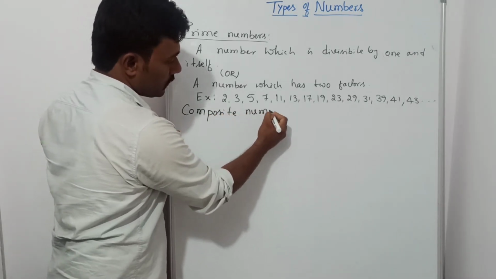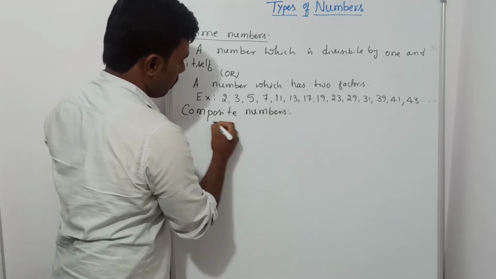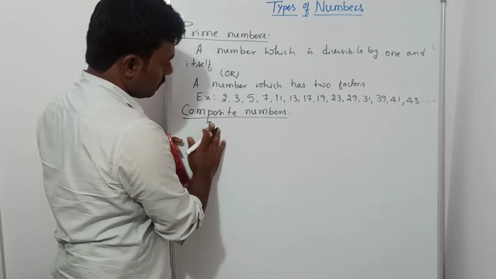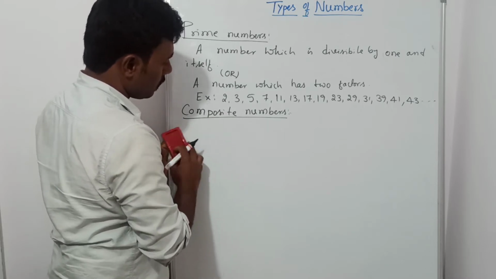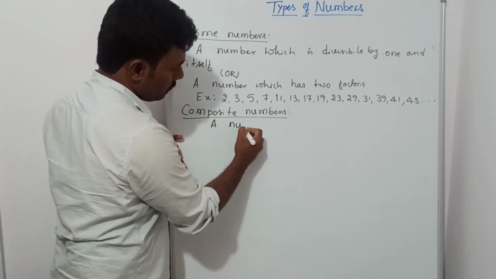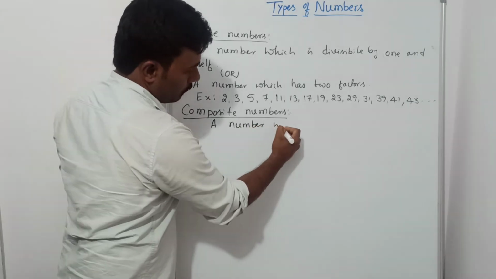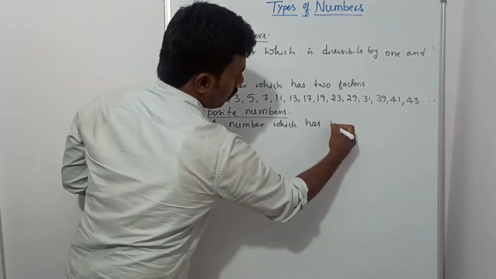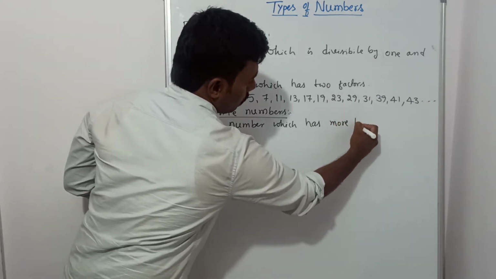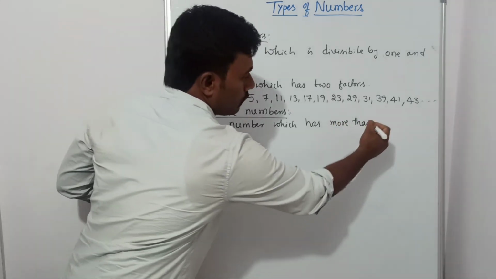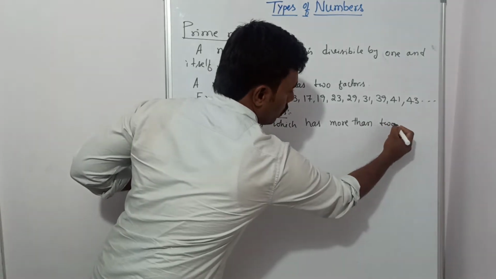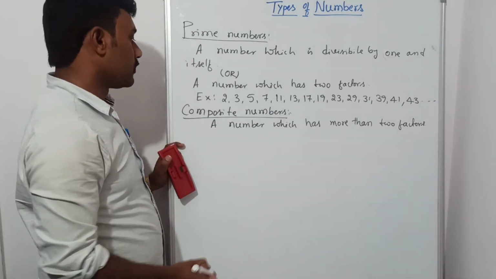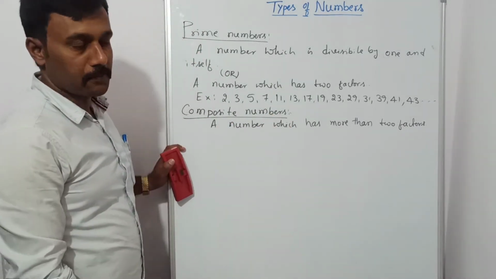Composite numbers: a number which has more than 2 factors is called a composite number.